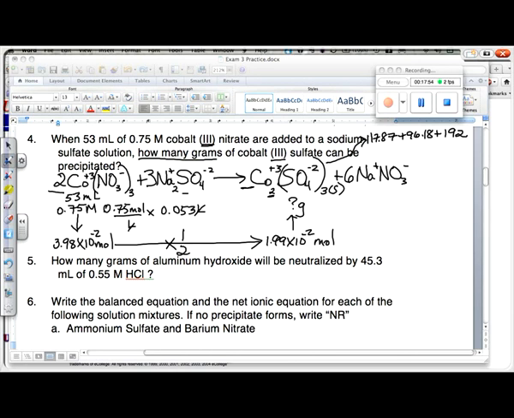All right, so adding all that up, and I end up with 406.1 grams per mole for the cobalt sulfate. So times 406.1 grams per mole.